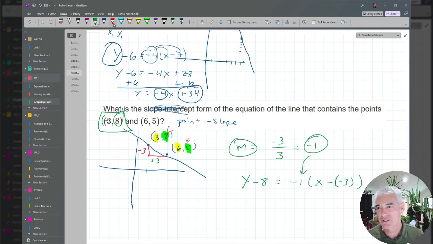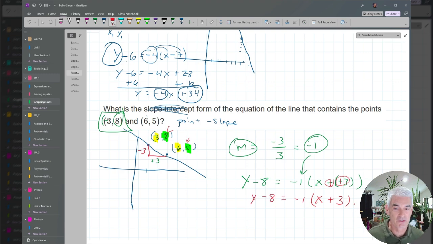But really, you're just subtracting a -3, so add the opposite. This turns out to be x plus 3 if the x-coordinate were -3, and y minus 8 equals -1 times x plus 3. Again, it wasn't in this case.